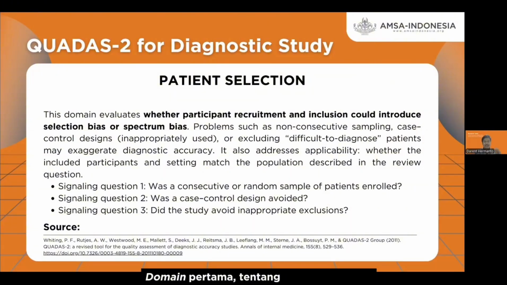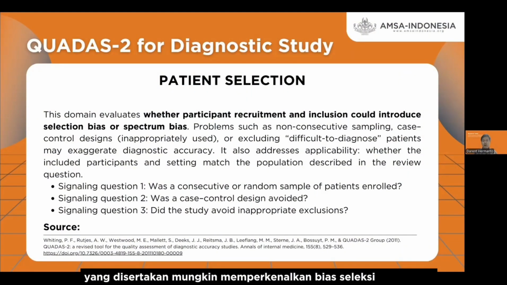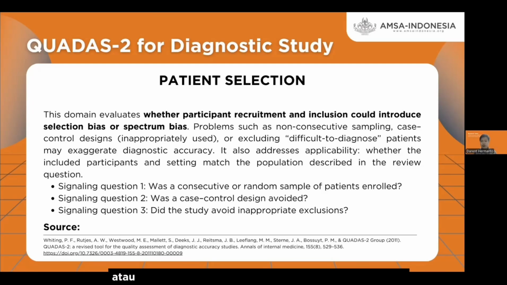We come to the first domain, patient selection. The patient selection domain evaluates whether the way participants were recruited and included might introduce selection or spectrum bias. It flags problems such as non-consecutive sampling or inappropriate use of case control designs, which can exaggerate a test accuracy.